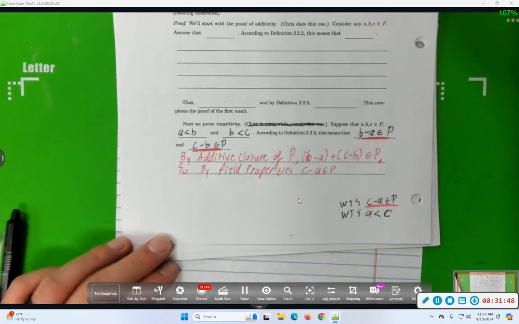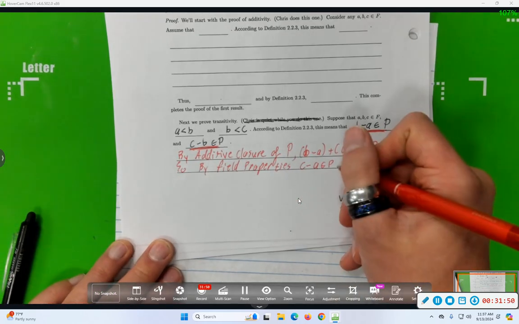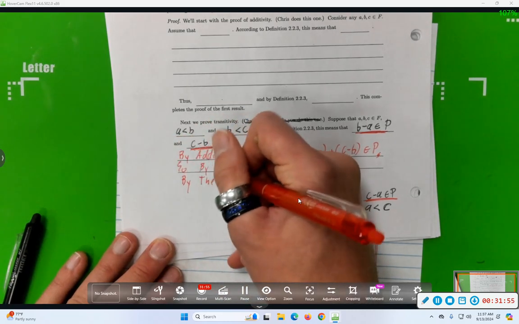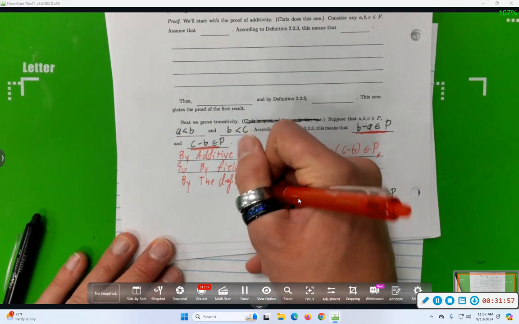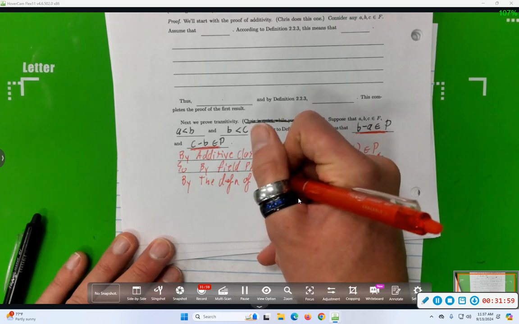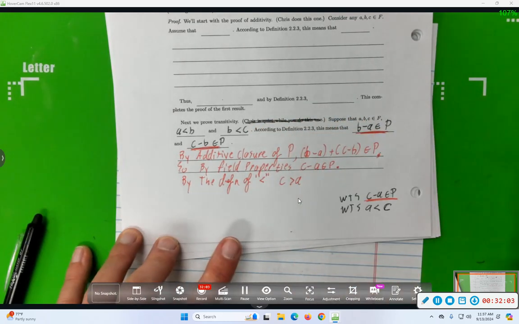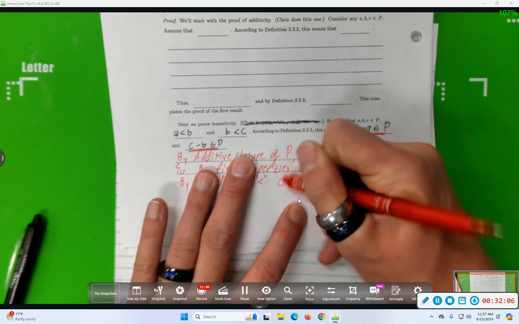Because our rules for inequality are just a set entity. Probably can use the word definition. By the definition of inequality, C is greater than A. A is less than C. Let's put it in the same order as I want it.